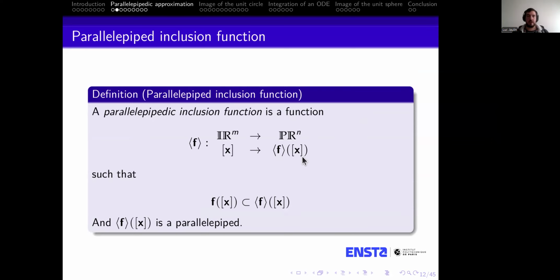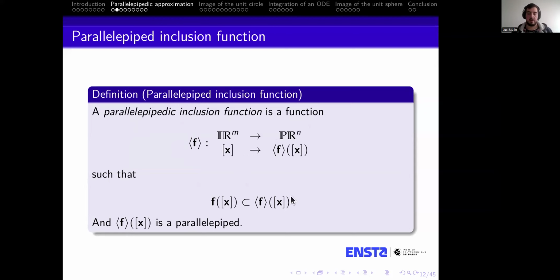What we need to find is a parallelepipedic inclusion function. This parallelepipedic inclusion function is an inclusion function, meaning that if I take a box X, the parallelepipedic inclusion of this box contains the real image of the box by the function f.